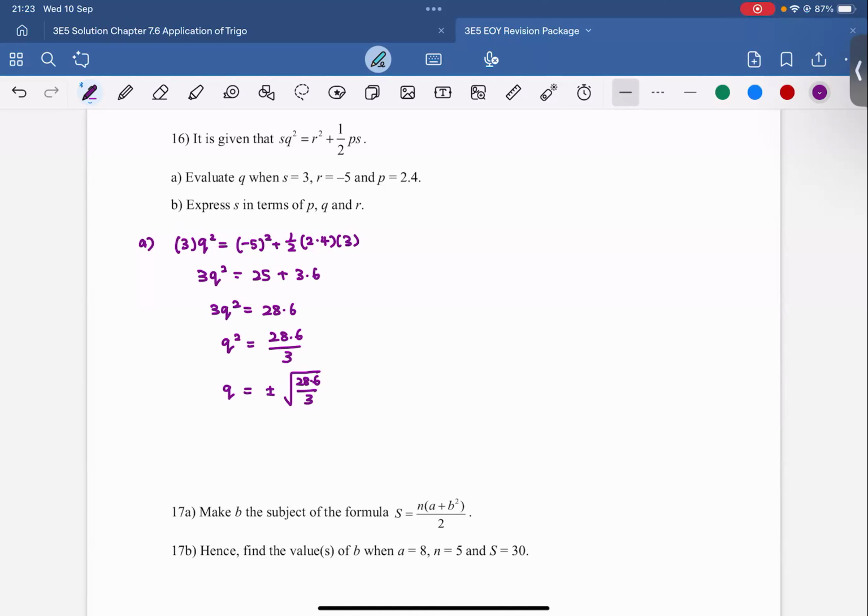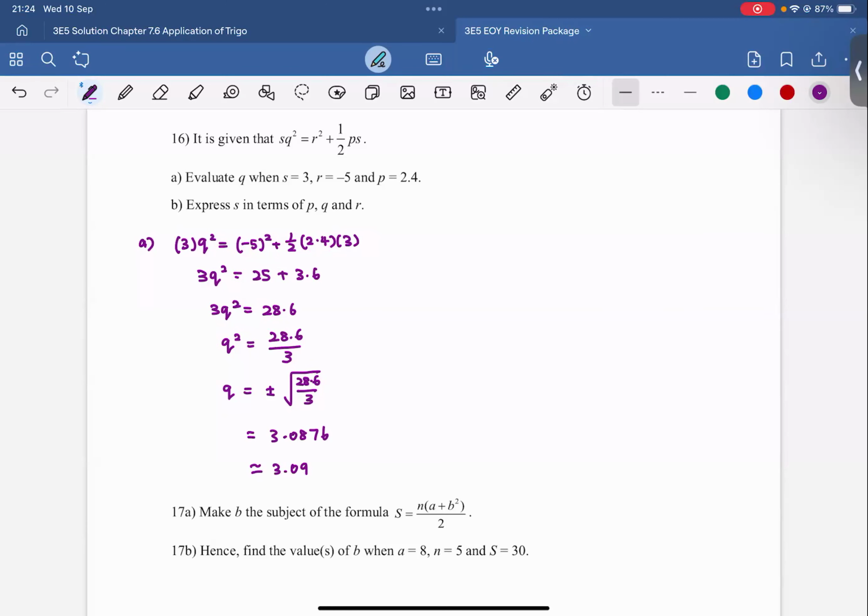Press your calculator, square root, divided by 3, 3 significant figures. Approximately 3.09. It's a bit weird lah. This question got decimal. Normally this kind of question won't have things like that.